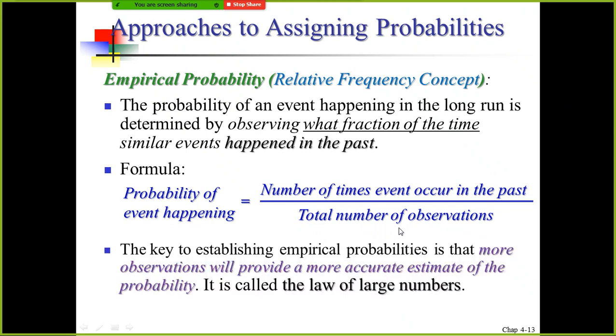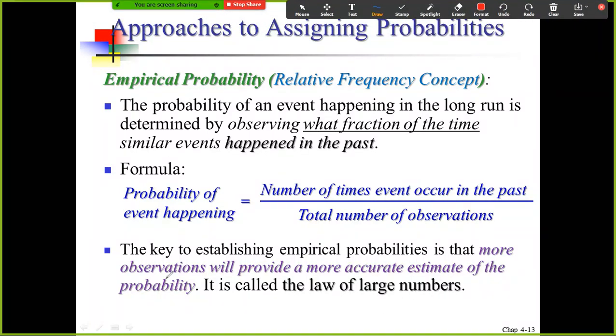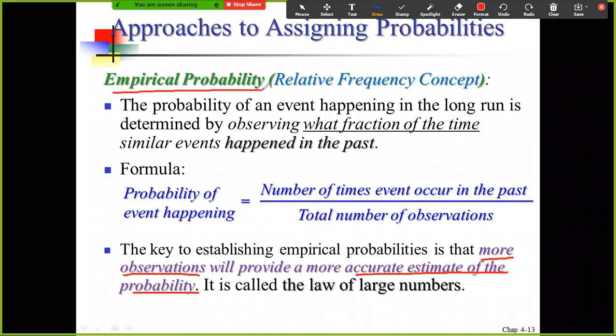The key to establishing empirical probability is that more observations will provide a more accurate estimate of the probability. That means if you want an accurate estimate of probability using the empirical probability concept, you need more observations or more data from the past.